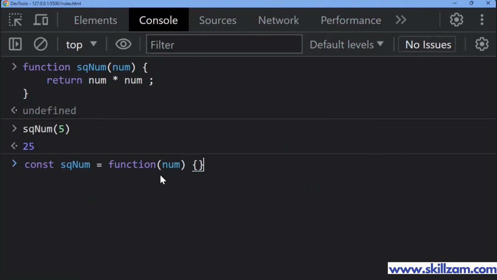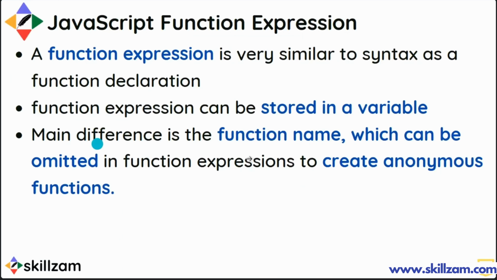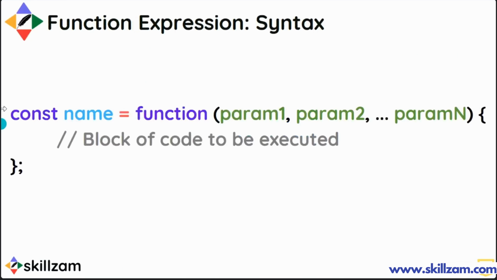If you observe the syntax of the function expression here: const, name of the function, is equal to, then the function keyword, within the open and close parentheses you give the parameters, then the block of code is executed.